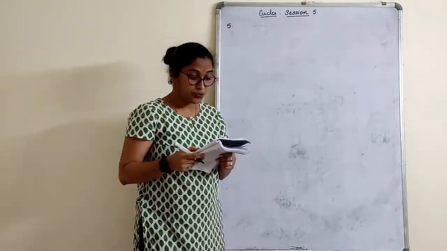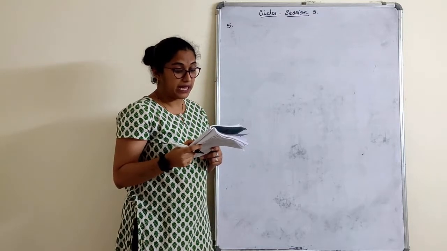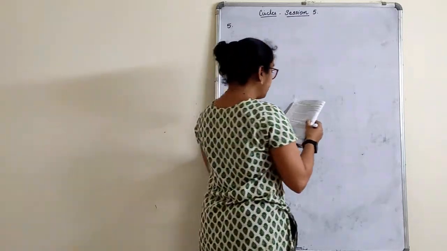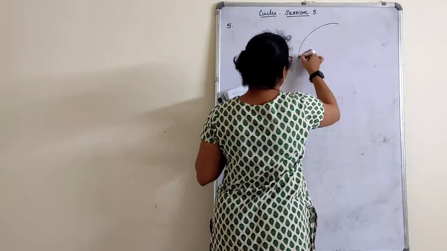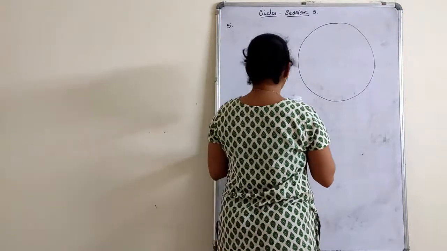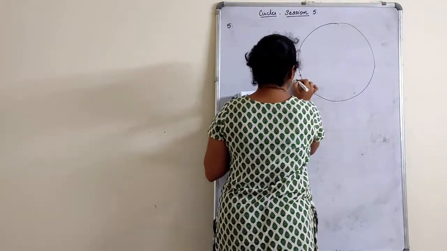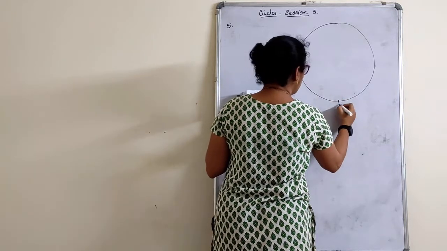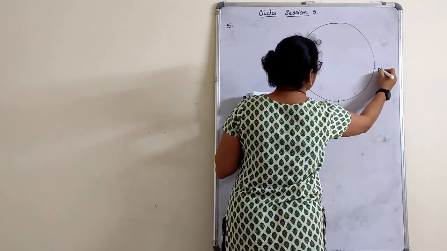Three girls, Reshma, Salma and Mandeep, are playing a game by standing in a circle of radius 5 meter drawn in a park. So assume that I draw a bit bigger circle here. Let us consider this is Reshma, this is Salma and Mandeep.